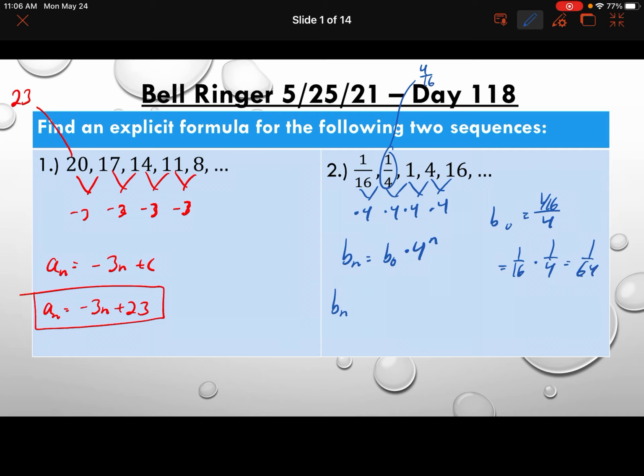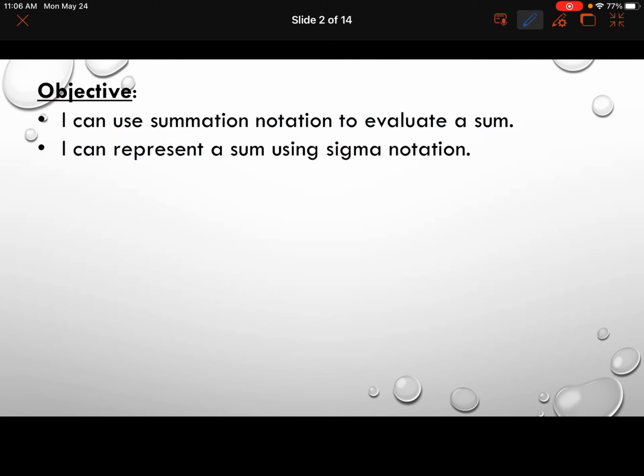So our explicit formula is b sub n is equal to 1/64 times 4 to the n power. So once again, that was just a quick run through just in case the bell ringer was not covered in class. But like I said, if you answered both of these correctly, hopefully you skipped this part of the video. All right, so let's get to today's lesson.